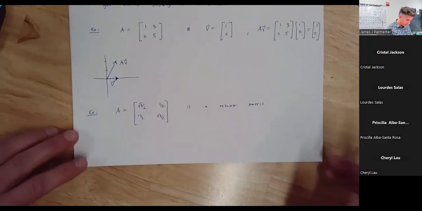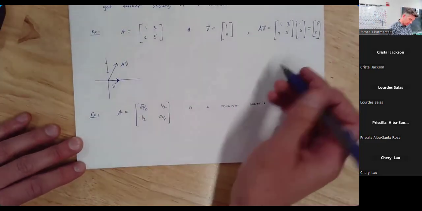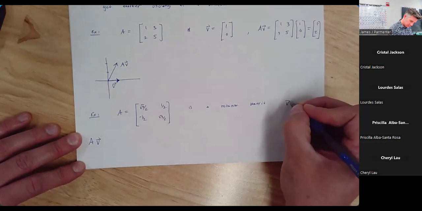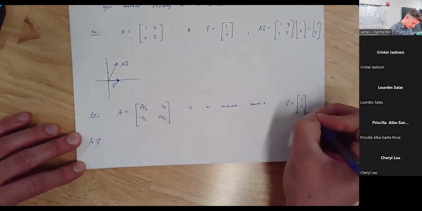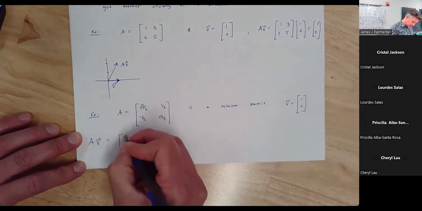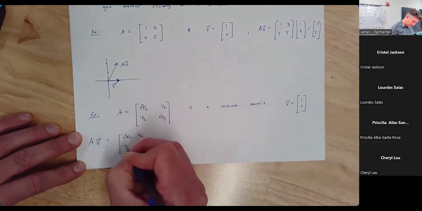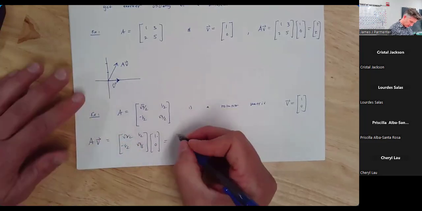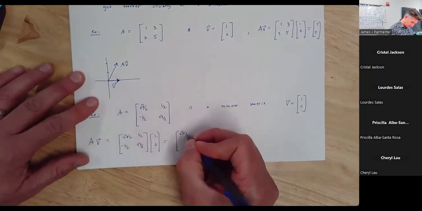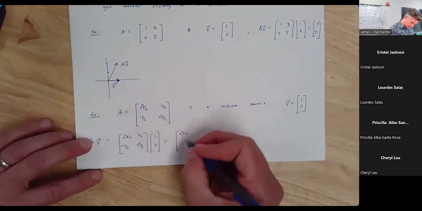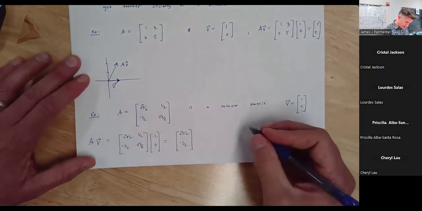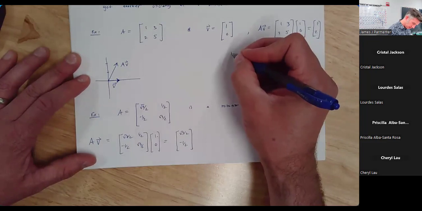So for example, if you take A times the vector v from above, where v is still the vector 1, 0, we're going to end up getting this matrix, root 3 over 2, 1/2, negative 1/2, root 3 over 2, times the vector 1, 0, which is going to give us root 3 over 2 plus 0, and then negative 1/2 plus 0. And if you look at what's happened, our vector v, and I'm just going to draw this up here because I have room up here.